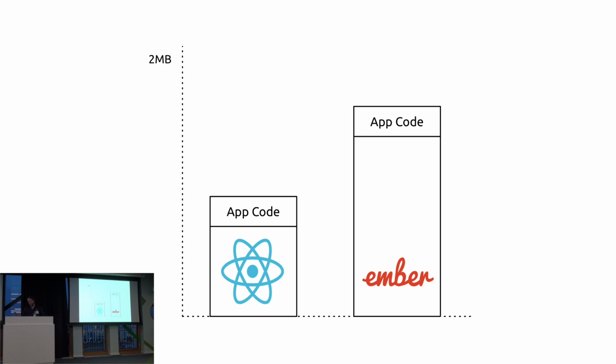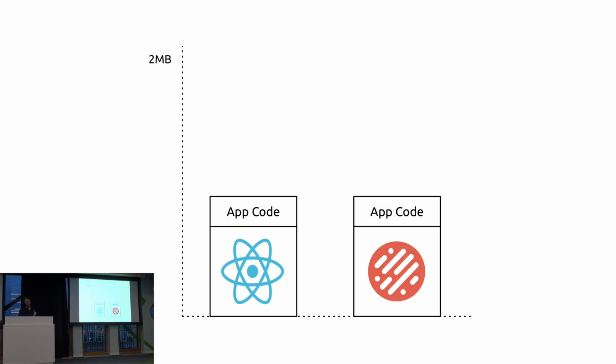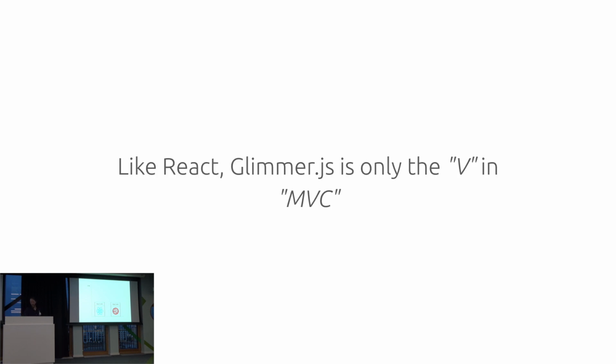So this changes with Glimmer.js now, where we have something that is roughly similar to React in terms of functionality and in terms of size. Obviously, Glimmer.js is, like React, deliberately limited in scope, so it's just the V in MVC.